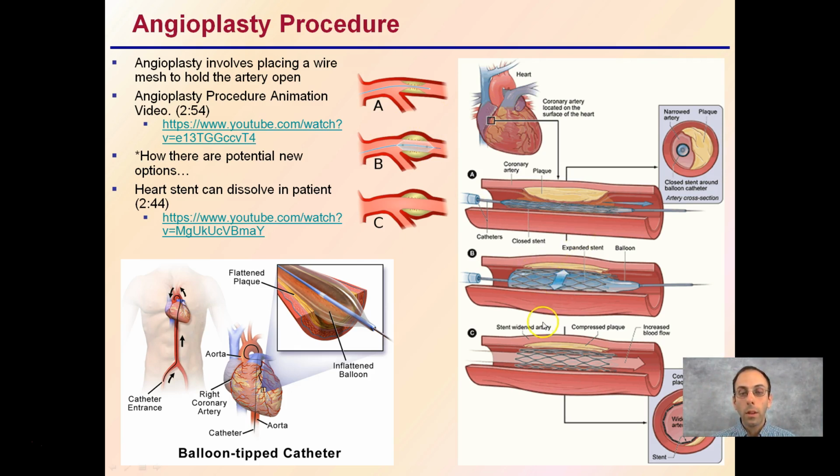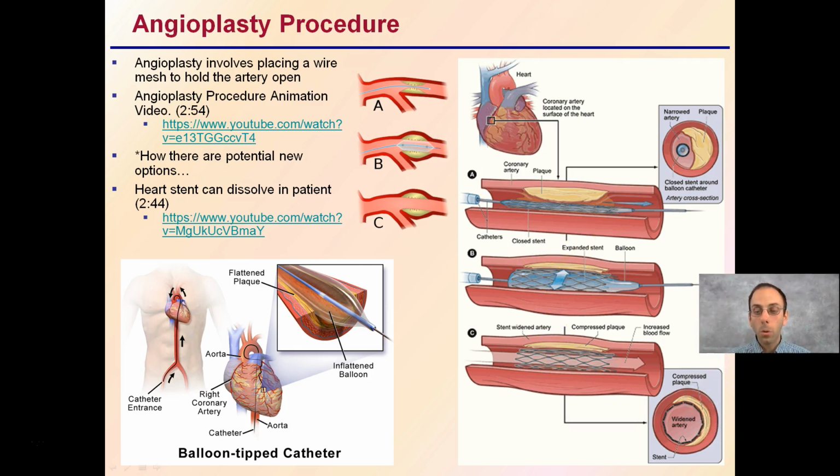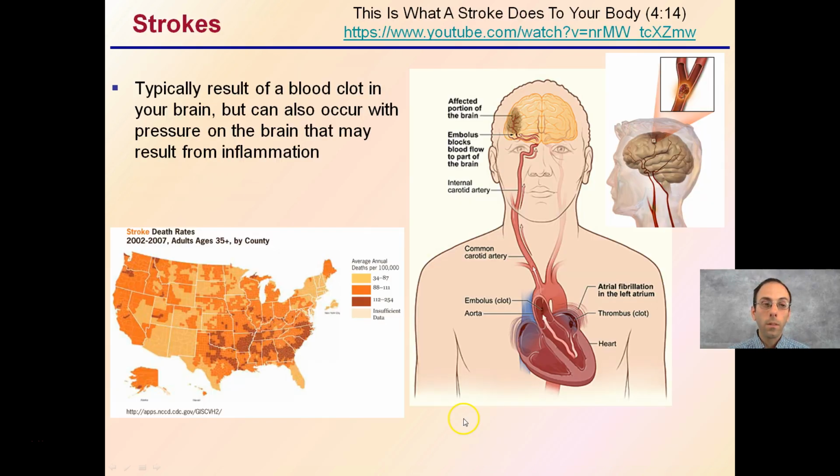They will then leave a mesh in there to help hold that artery open wide so that blood can easily flow through, allowing the muscles of the heart to get adequate flow of blood so they can perform their very necessary and continual function.